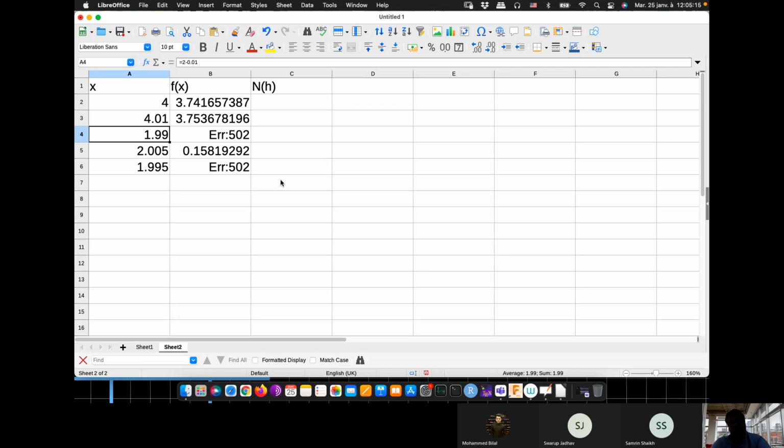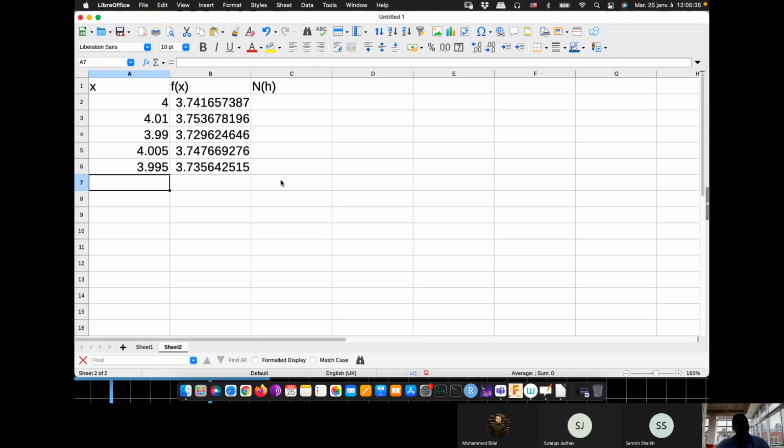So 4, and 4 minus 0.01, and 4 plus 0.01, then 4 plus 0.01 divided by 2, and 4 minus 0.01 divided by 2.